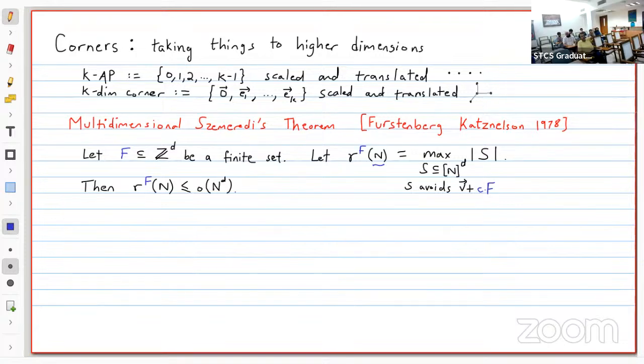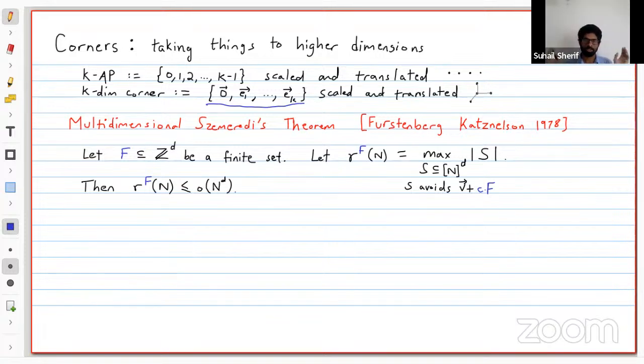I thought for the corner F had to be a specific set. Right. So for a corner, we'd want the specific set F. That pattern, right? This is a more general thing. I see, this is a more general statement. It says whatever F is, you will have sub-constant density. Right. And you have to have sub-constant density.